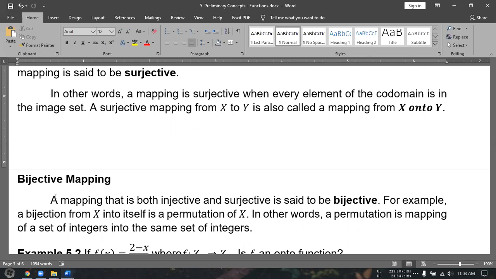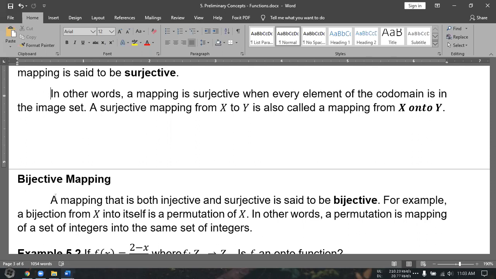And onto means every element in y appears as an image of at least one element in x. Now, if we satisfy both, then the mapping is said to be bijective.